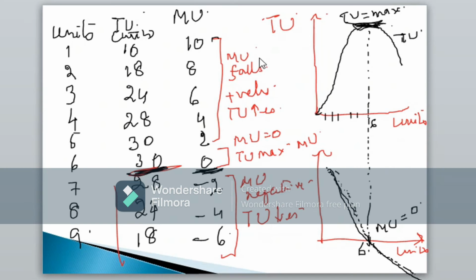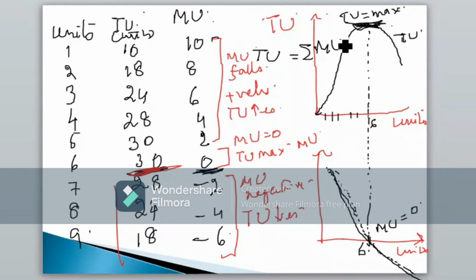So you can write total utility is summation of marginal utility, TU is equal to summation of MU. Write it down with 4 points.